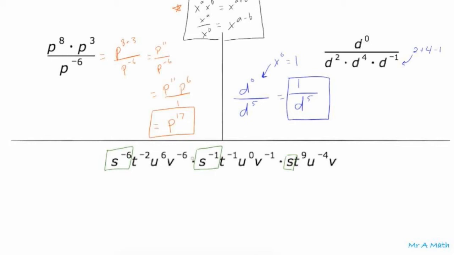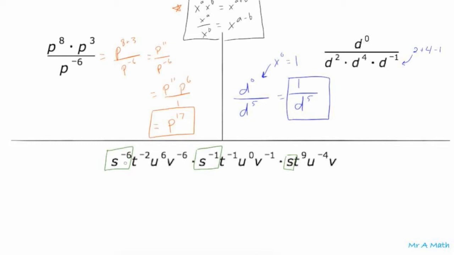The reason I can multiply all these s's together is because every single variable is being multiplied here. If there was an addition symbol in the middle somewhere, I might not be able to do this. But since it's all being multiplied together, I can combine all like terms through multiplication.